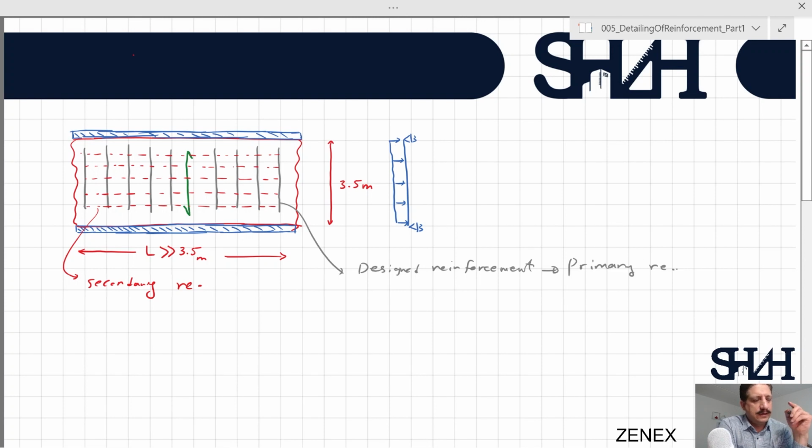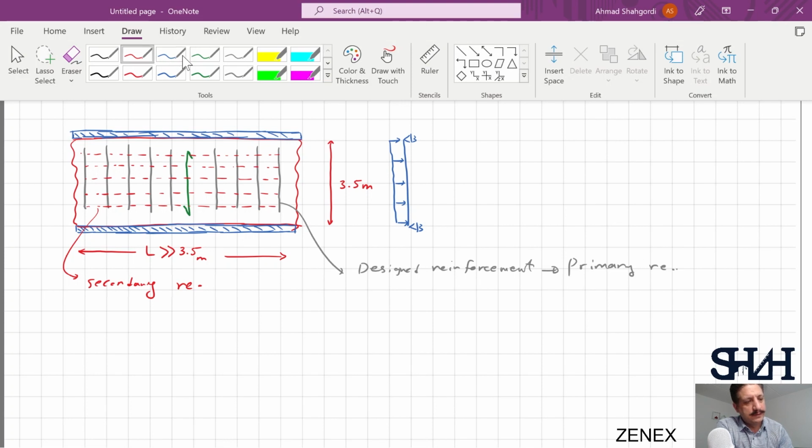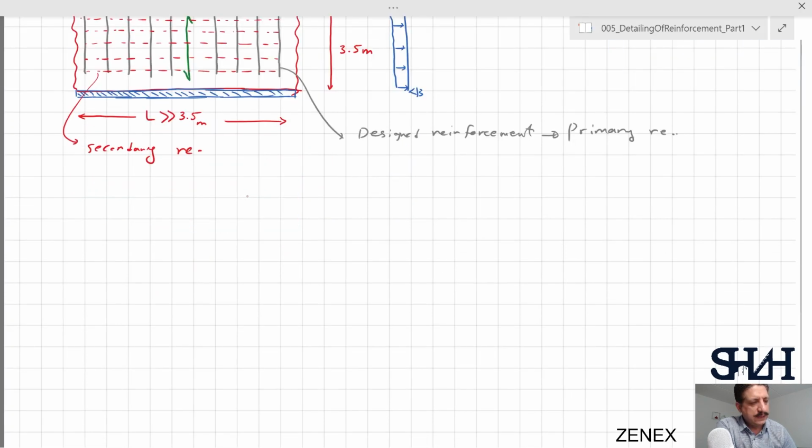As far as the primary reinforcement is designed for taking the load, it is better if we put them below the secondary reinforcement, because in that case we have greater effective depth. As a result, we have greater capacity for the element. So if we look at the section of this slab, the primary reinforcement is below the secondary reinforcement.